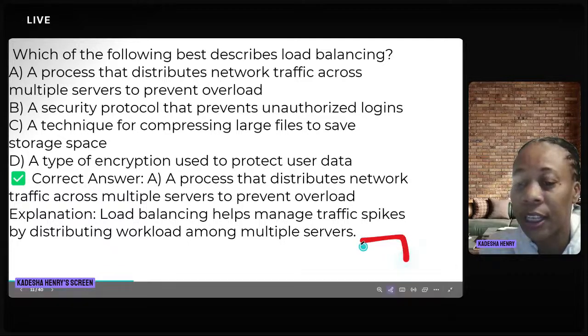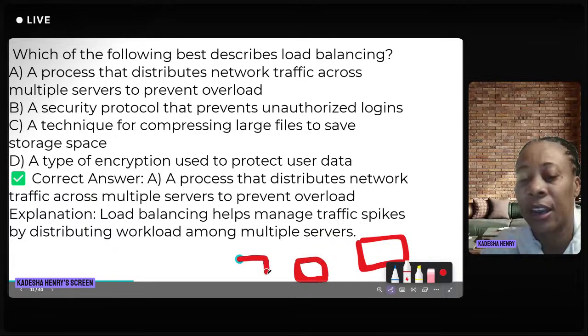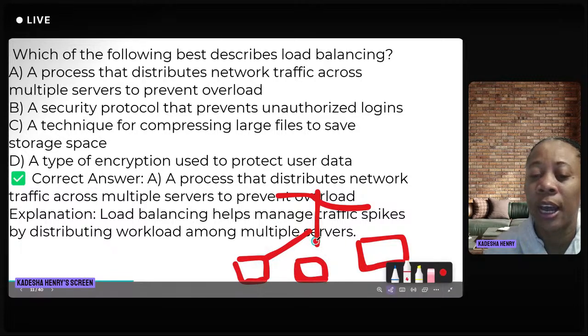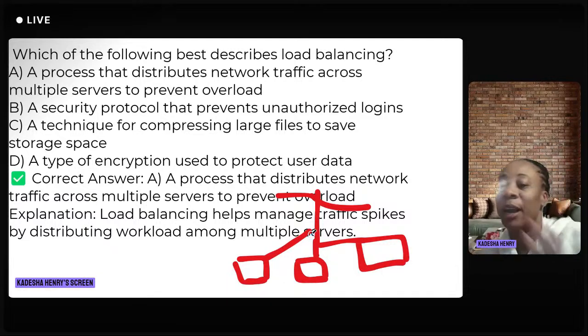So let's say this is a computer, and let's say this is another computer, and let's say this is another computer, right? And let's say this is the load balancer. What it does is ensure that information is distributed evenly. This is my drawing.